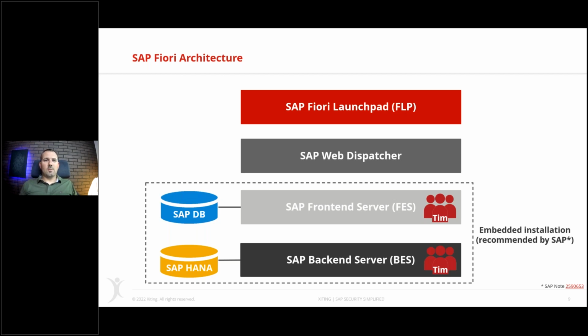It is also possible to do what SAP calls a central hub deployment, where I have one dedicated front-end server, and then I connect to multiple backends, where I physically have two different systems, one's the front-end, one's the backend. Regardless of the implementation we choose, and you can see here the recommendation is to go with the embedded approach, which means that the front end runs on the backend server, so it's like a one-to-one relationship.